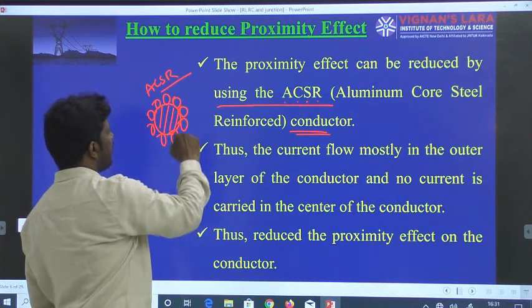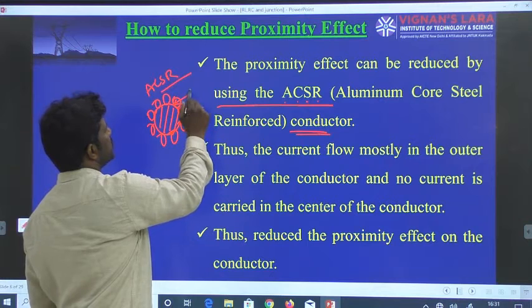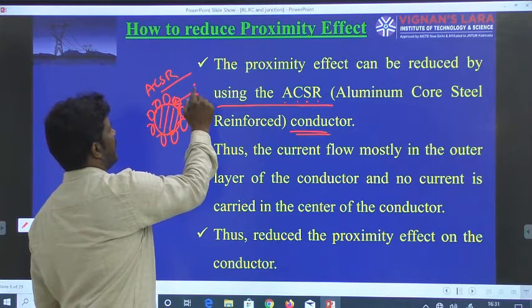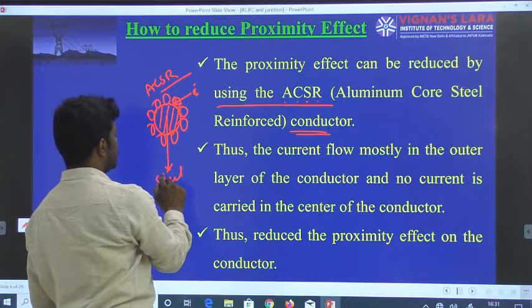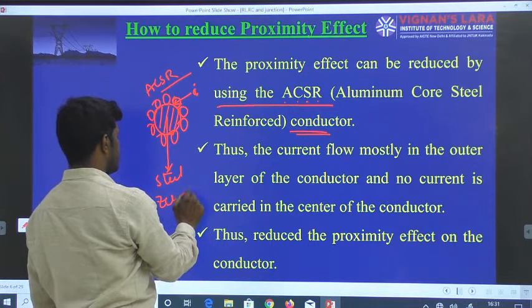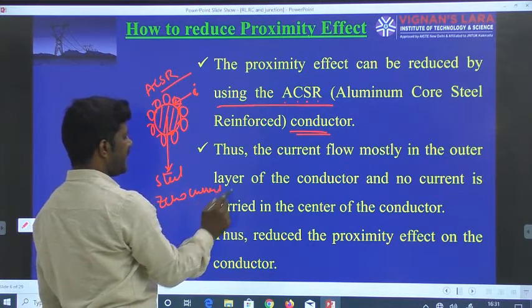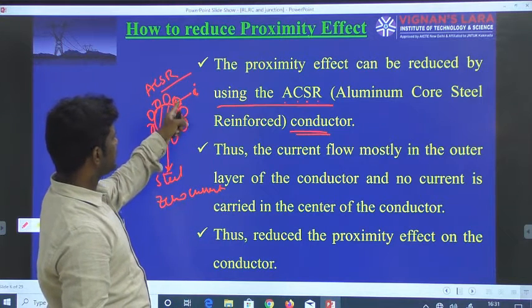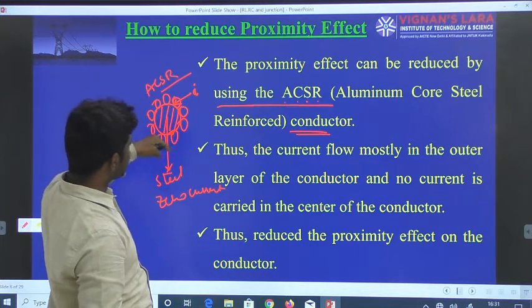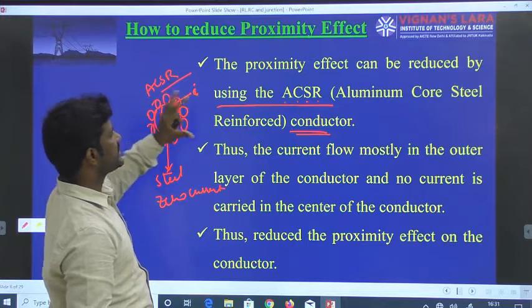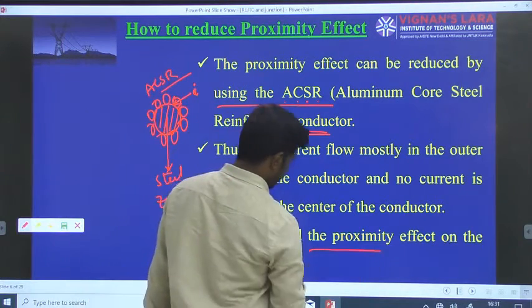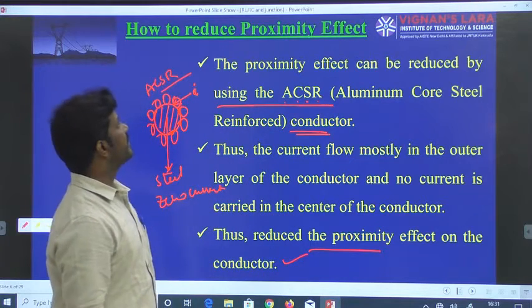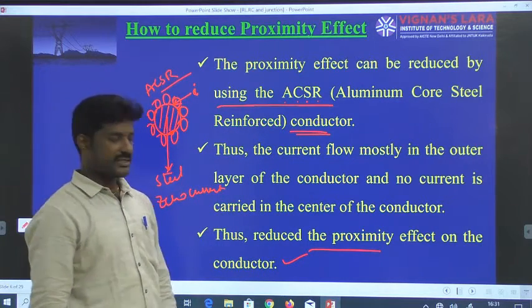So the outer filaments are used to carry the current I, whereas the inner strand, being made up of steel, carries zero current. Thereby, this current, because of accumulating at the surface itself, reduces the proximity effect. Thus it reduces the proximity effect on the conductor. In this way we can minimize the proximity effect.